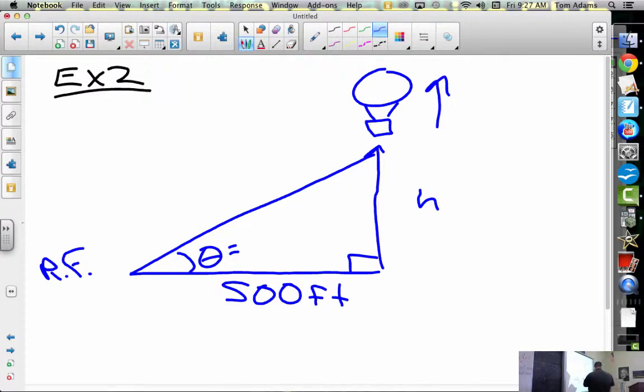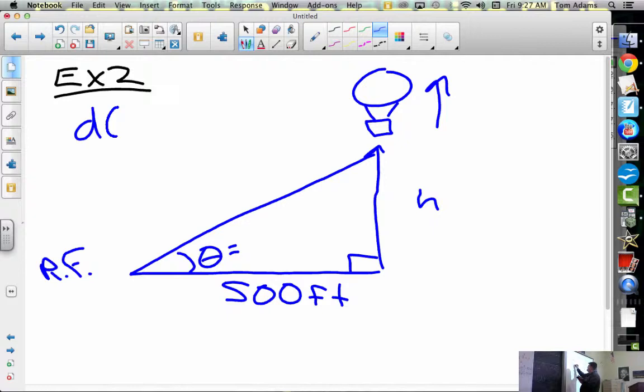And so, let me read it one more time. It says, the hot air balloon is rising straight up from a field. There's a rangefinder 500 feet away from the liftoff point. At the moment the rangefinder's elevation is pi over 4, the angle is increasing at a rate of 0.14 radians per minute. How fast is the balloon rising? Now they told us something.